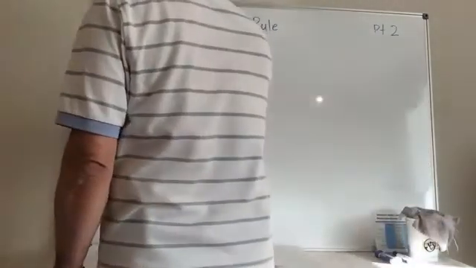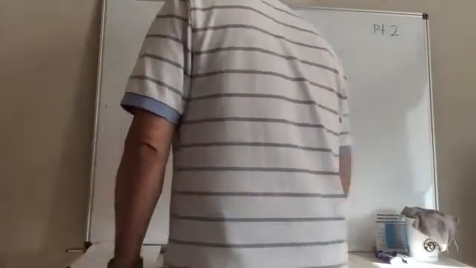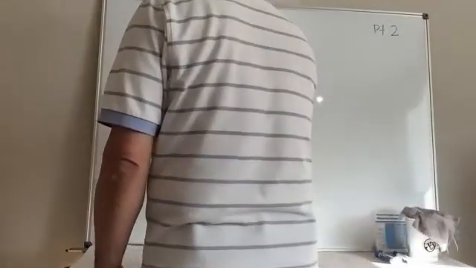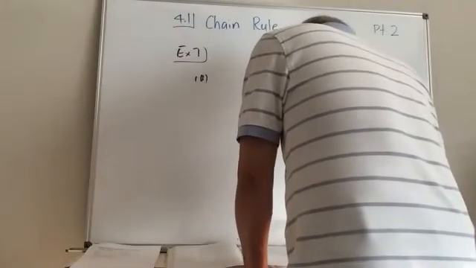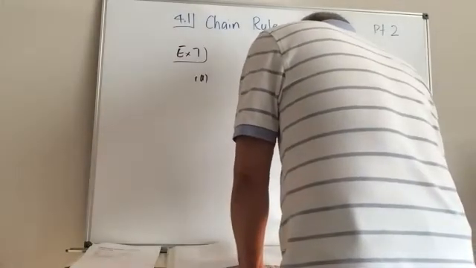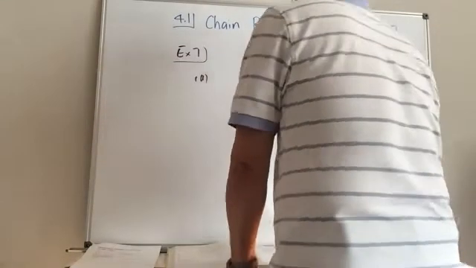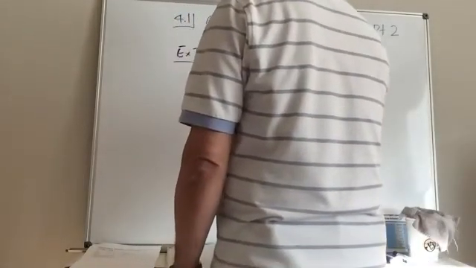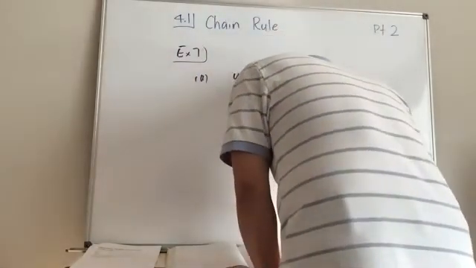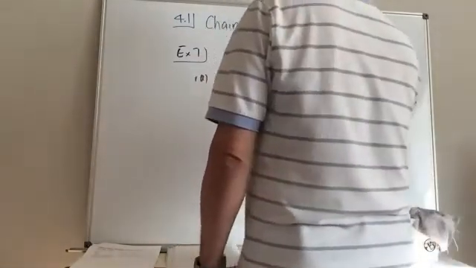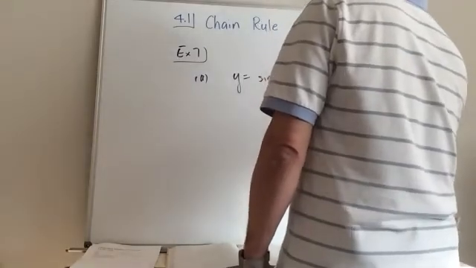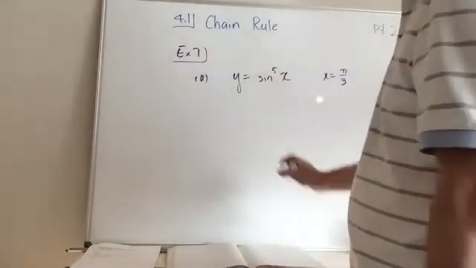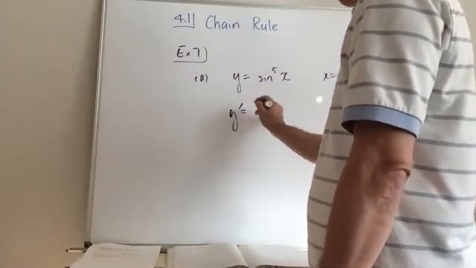Example number 7, part A: find the slope of the line tangent to the curve at the point where x is equal to pi over 3. I have y equal to sine to the 5th x. So I'm going to have to find y prime.